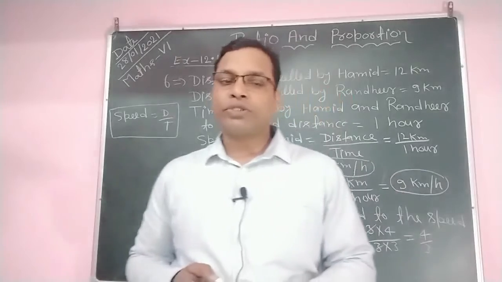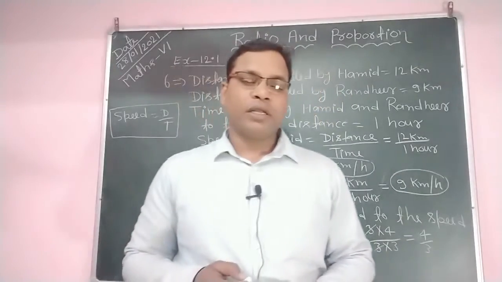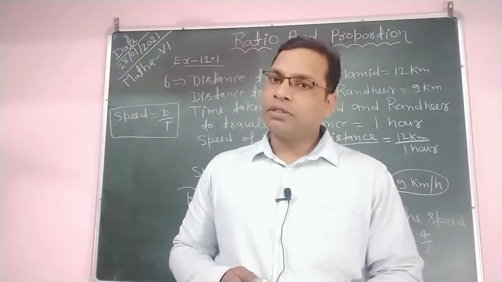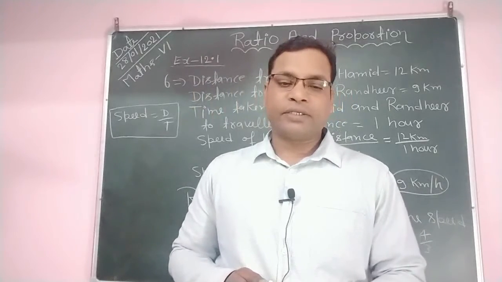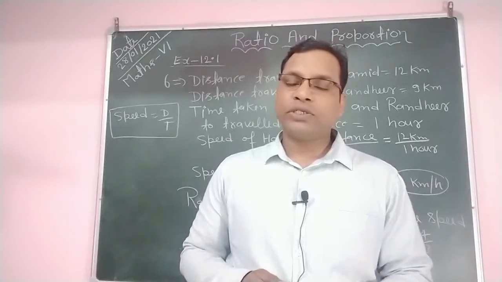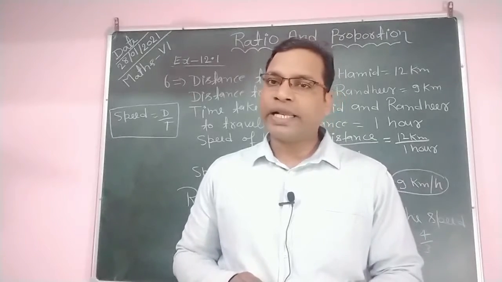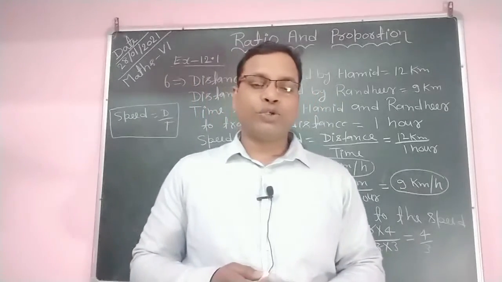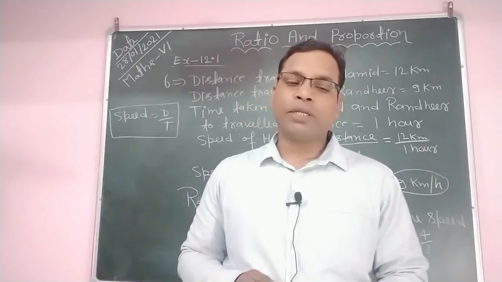I repeat this question again. The population of a village is 4,800. The number of females is 2,160. So we need to find the ratio of the number of males to the number of females.